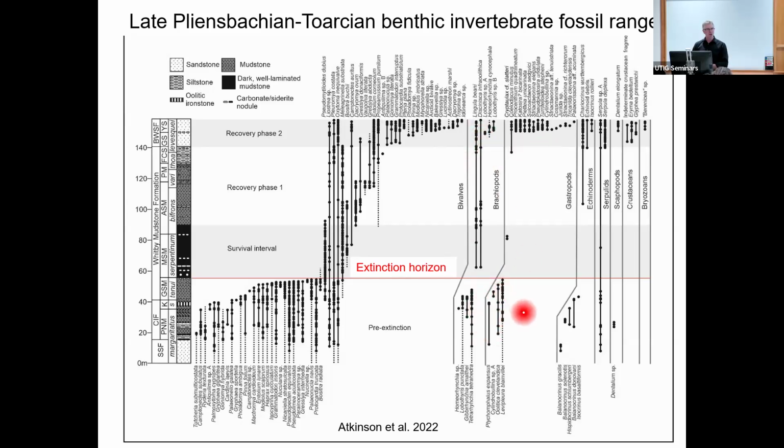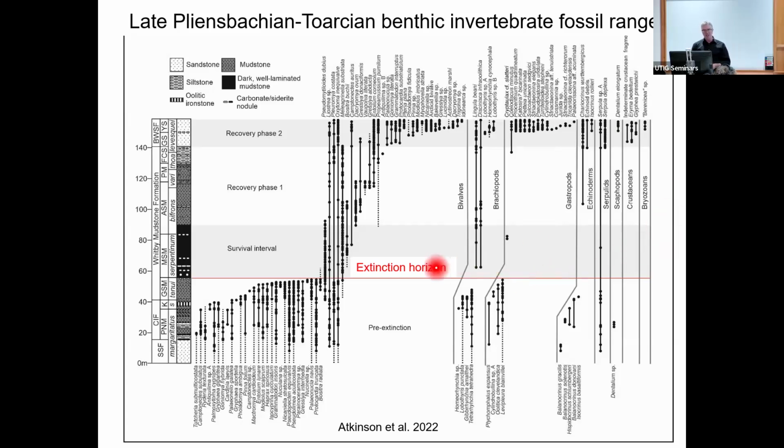Gastropods, relatively few in the early part of the section, and a lot of species right at the very end. And then there are smaller numbers of species belonging to other benthic invertebrates like echinoderms, serpulids, scaphopods, crustaceans, bryozoans. So the majority of the record in terms of diversity here is amongst the bivalves and, to a lesser extent, the brachiopods and the gastropods.